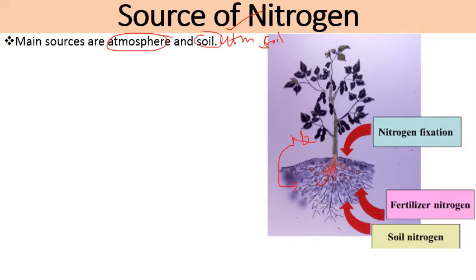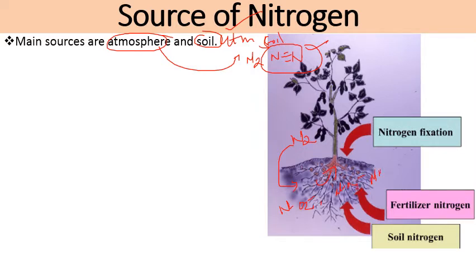In the atmosphere it is present in the molecular form, that is N2, in which the nitrogen atoms are bonded to each other with the help of triple bonds, so it requires a lot of energy to break these bonds. While in soil it may be present in inorganic form, like nitrite NO2 negative, nitrate NO3 negative, and ammonia.